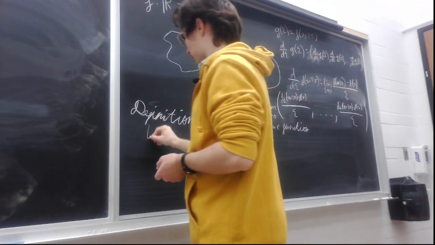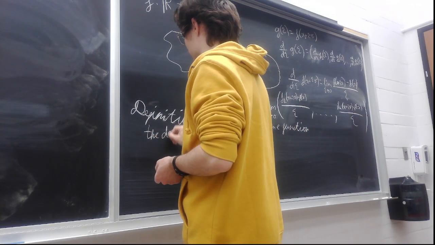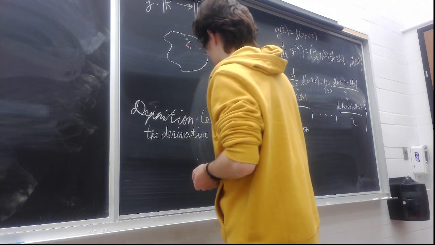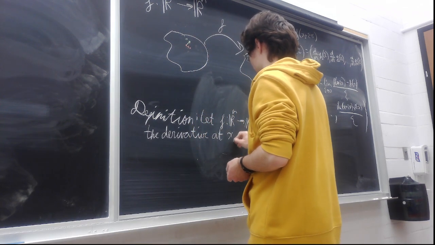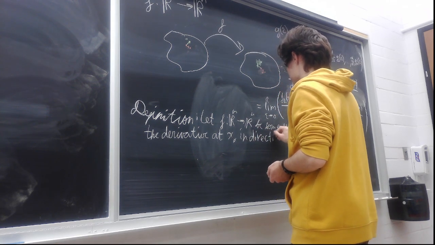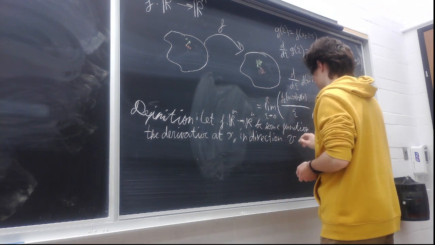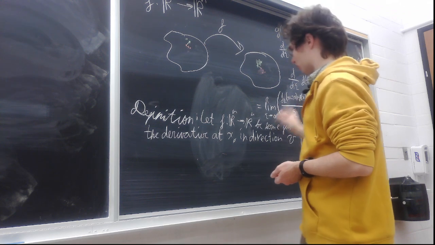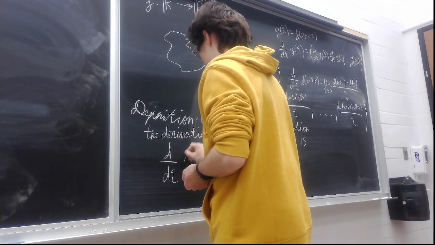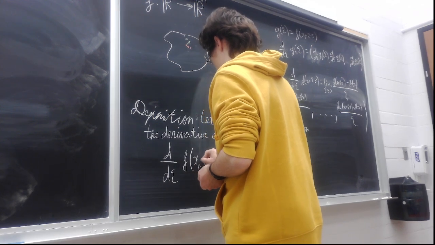So the derivative at x naught in direction v is this thing: f of x naught plus epsilon v.